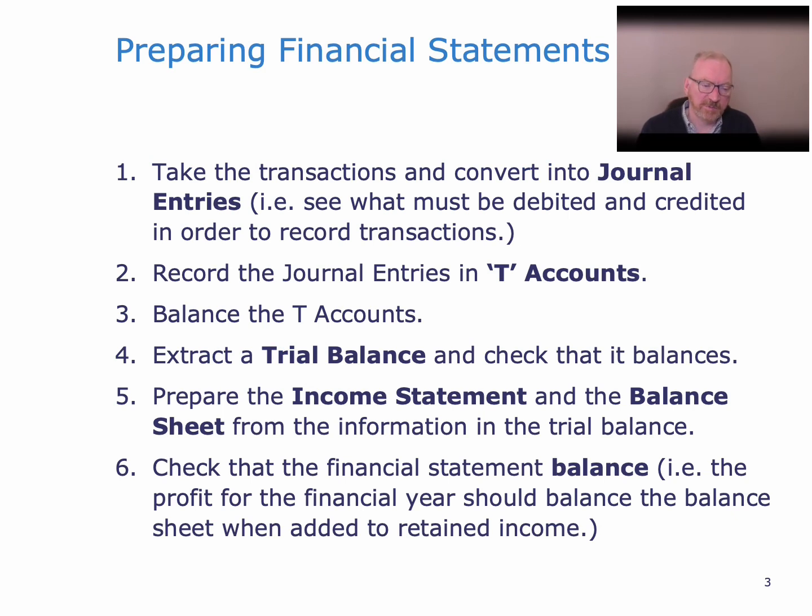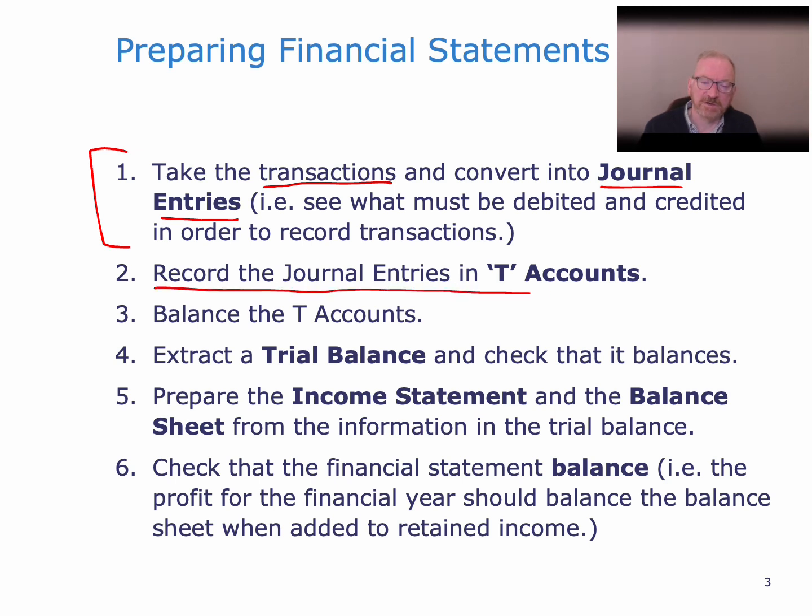So how do we prepare financial statements? Well, we need to take a number of steps. Firstly, we take the transactions that the firm has entered into and convert them into journal entries. So this is converting the transactions into the debits and credits to the various accounts that we need to debit and credit.